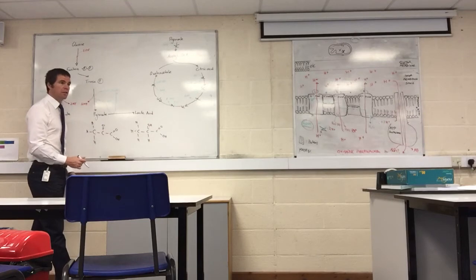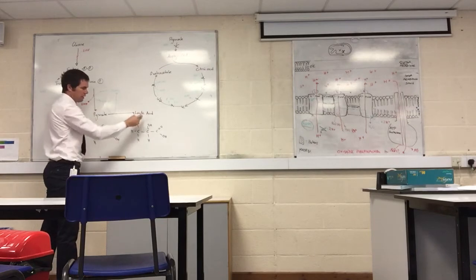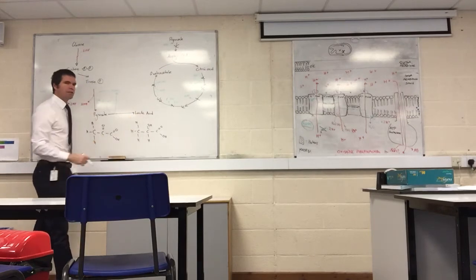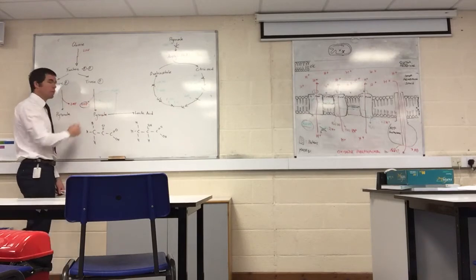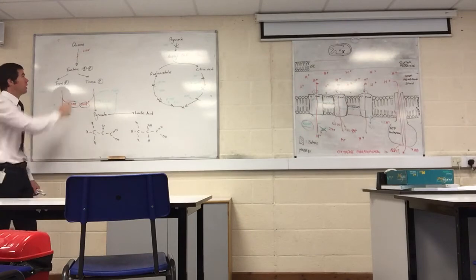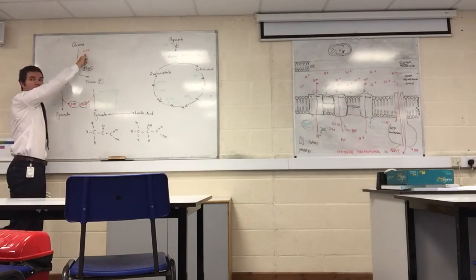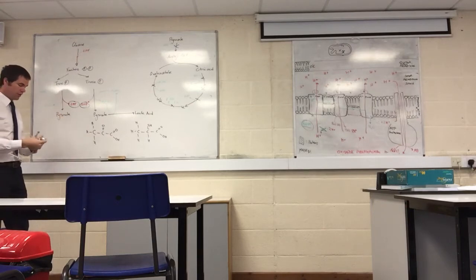That's lactic acid. So the 2 hydrogens that were with the reduced NAD will be passed on to pyruvate, and pyruvate in doing so is now lactic acid. But that's it. What it means is we can still produce those. And of course it can happen on both sides, so we can still produce those. We still make 2 ATP, so just glycolysis can take place.